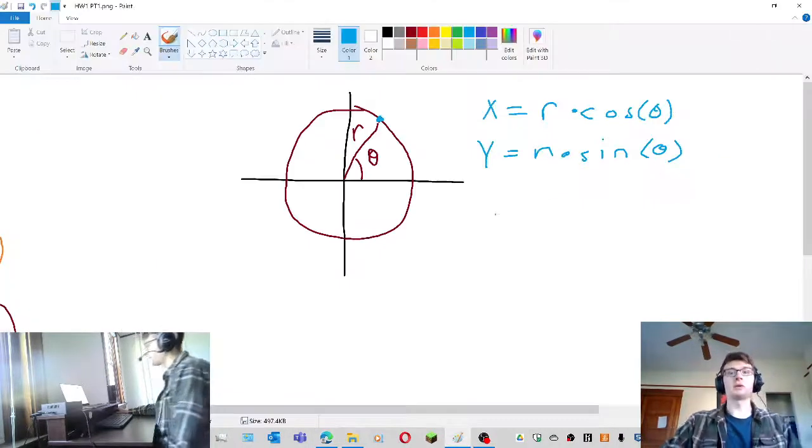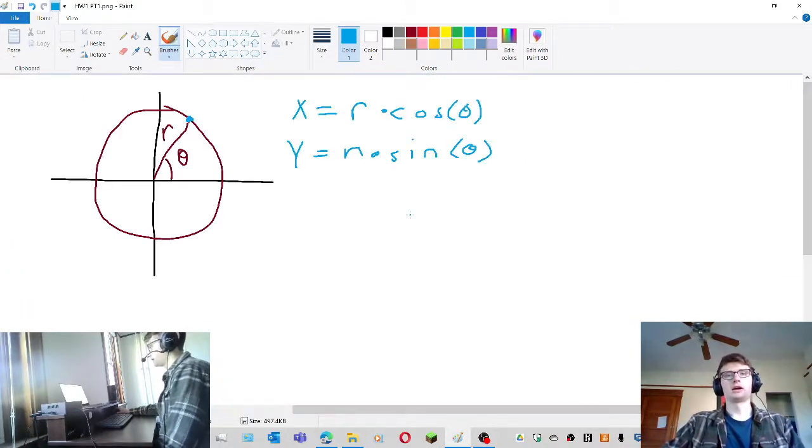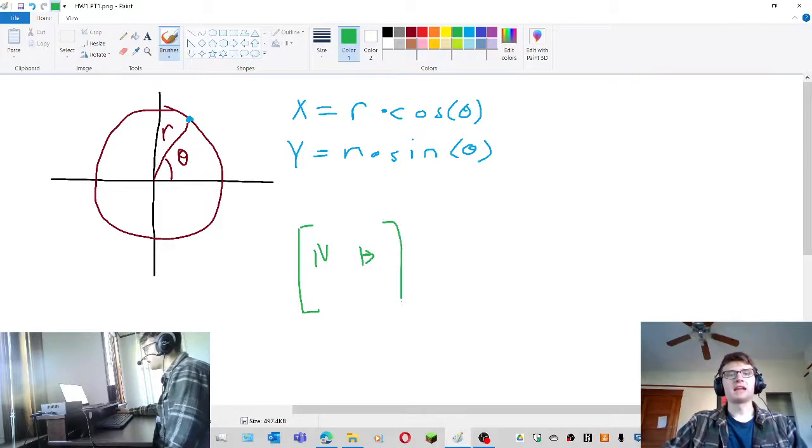But anyway, let's look at this again. I need to take these coordinates defined by the n and b values from the Frenet-Serret, and do a matrix multiplication with this stuff up here.